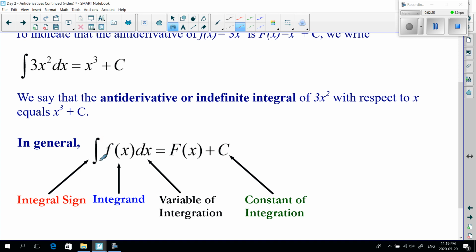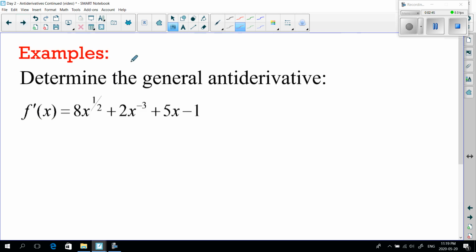So when you see this, you don't have to write capital F of x equals. You can just write whatever the antiderivative is. Don't forget your plus c. Okay, so it's an indefinite integral. Eventually we'll get into doing definite integrals, but for now let's just focus on the indefinite integral.